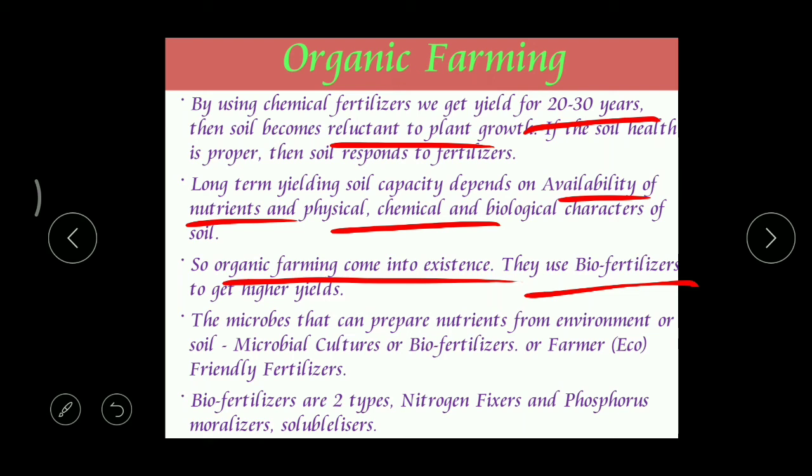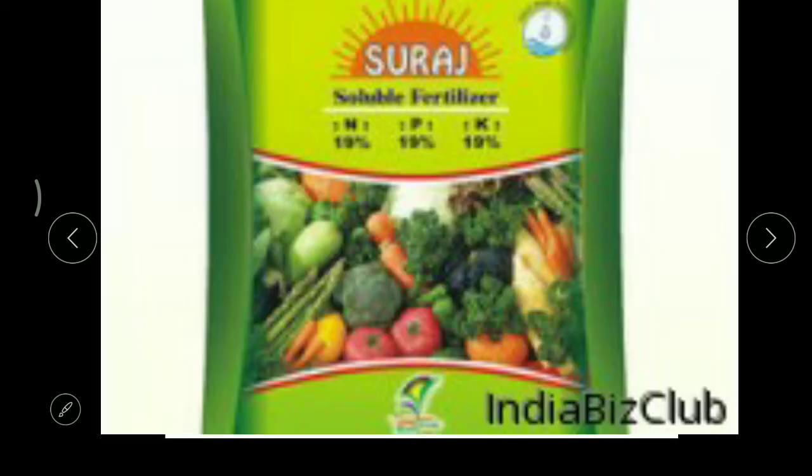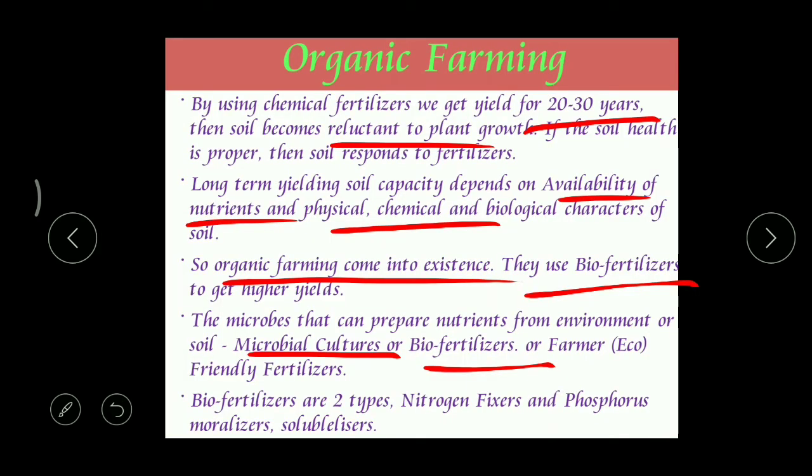Correct. In the same way, some of the microbes have the capacity to prepare fertilizer by taking nutrients either from soil or from the environment. Such microbes we call microbial cultures, biofertilizers, or eco-friendly fertilizers.